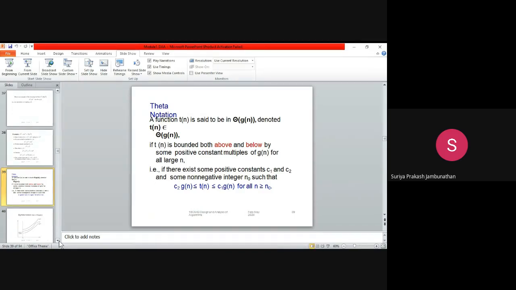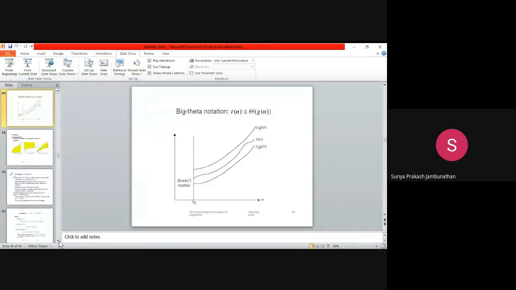Our diagram will go like this. We have two general functions, and in between them T of n will be there. So two functions we have to deal with in big theta notation. When you have such a problem, we go with big theta.